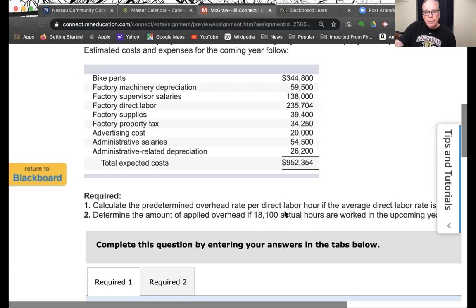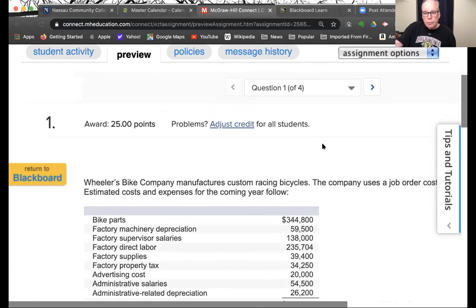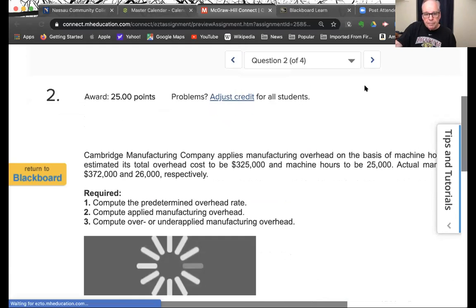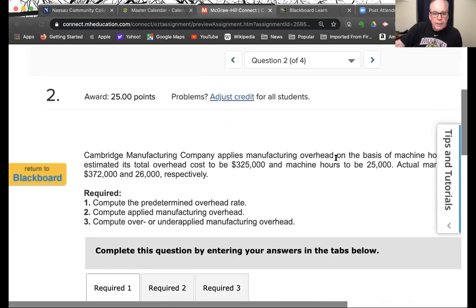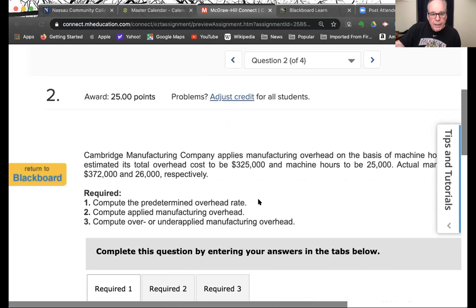Those are that problem. And the next one is somewhat similar. Compute the predetermined rate, apply the rate, and determine whether the amount of applied overhead is actually over or under applied. All right, so these are all the topics that we're going to have to pay attention to as we go through this.